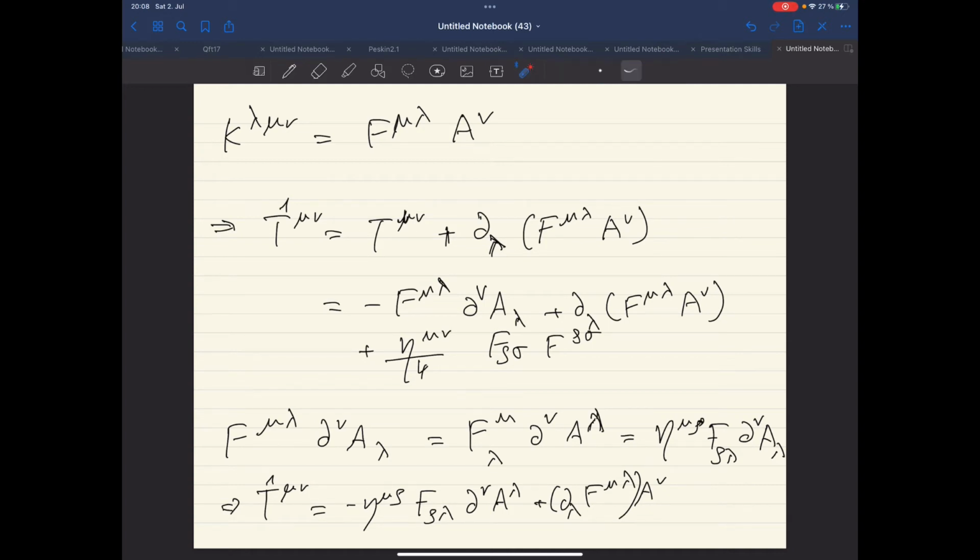And why is that? Because now I have a product of two functions. Okay, so I forgot one term, which is the one with the derivative of A nu. So I will get F mu lambda d lambda A nu, and then the last term, which is eta mu nu over 4 F rho sigma F rho sigma.